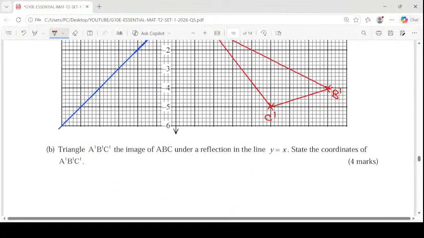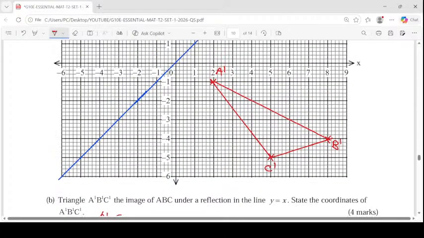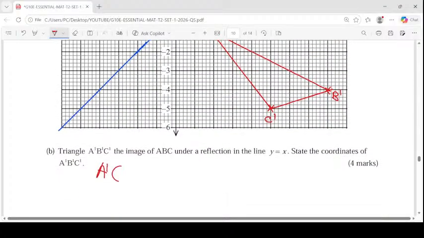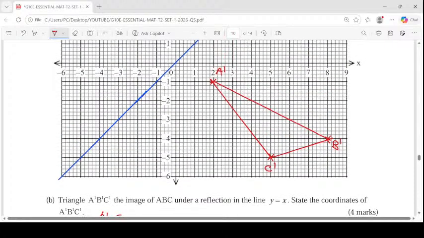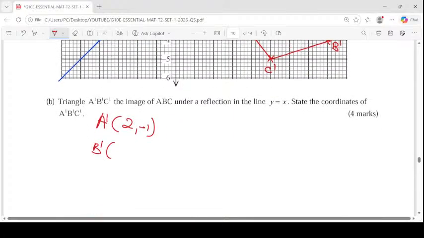State now the coordinates. The coordinates are very simple. Coordinates of A prime I have is 2, negative 1. B prime I have 8, negative 4.